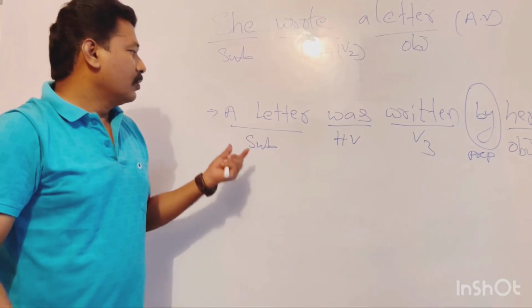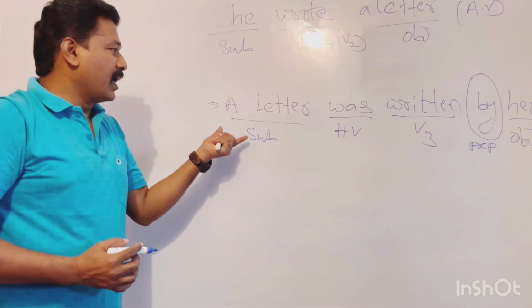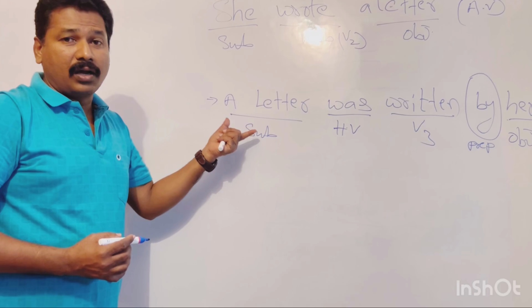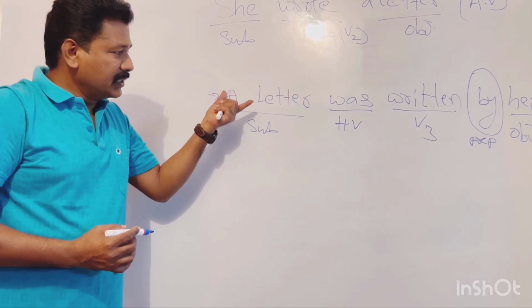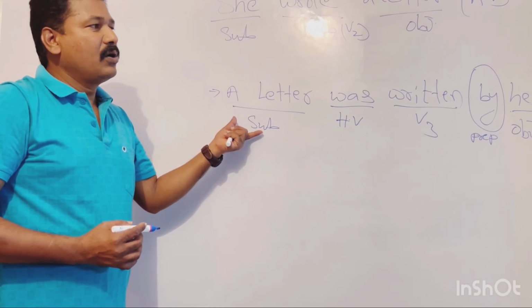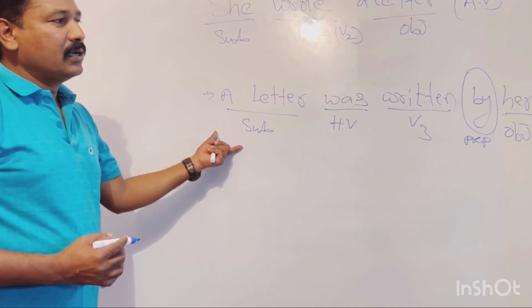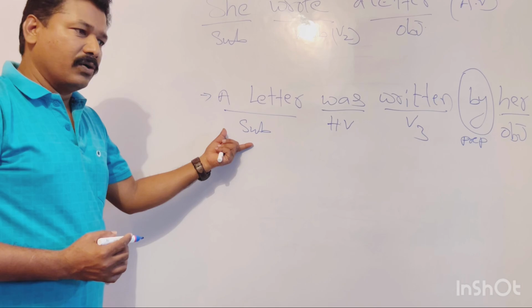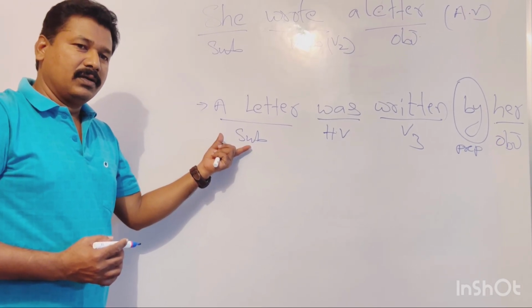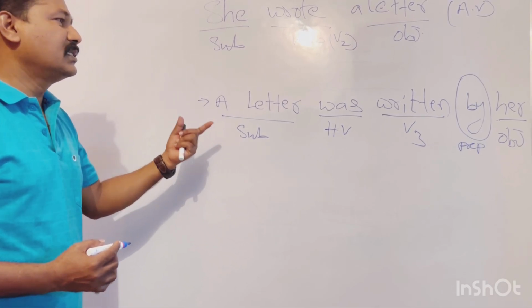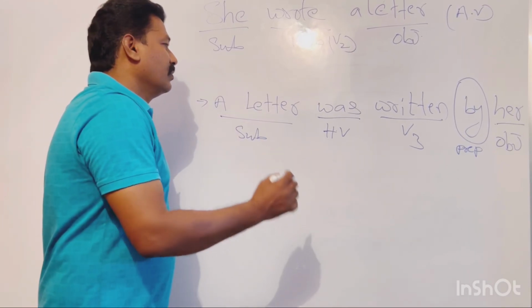So in the subject place, here we have a letter, and here the subject is not doing any action, but it is getting the result of the action. As it is not doing any work, as it is not active, as it is only getting the result, we say that this sentence is in passive voice.